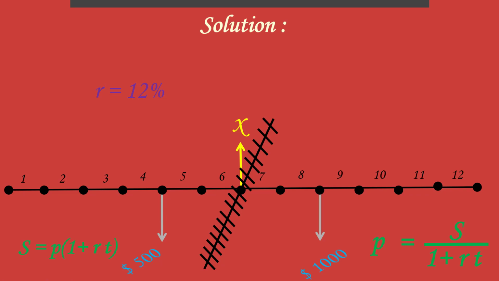To solve this problem, we know that the value of old obligations must be equal to the value of new obligations. So the amount of $500 plus the present value of $1,000 at the focal date must be equal to the amount or present value of X at the focal date.